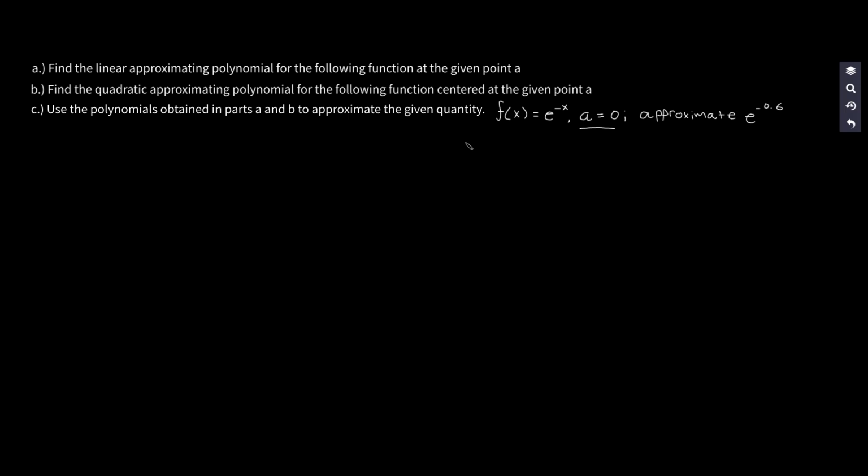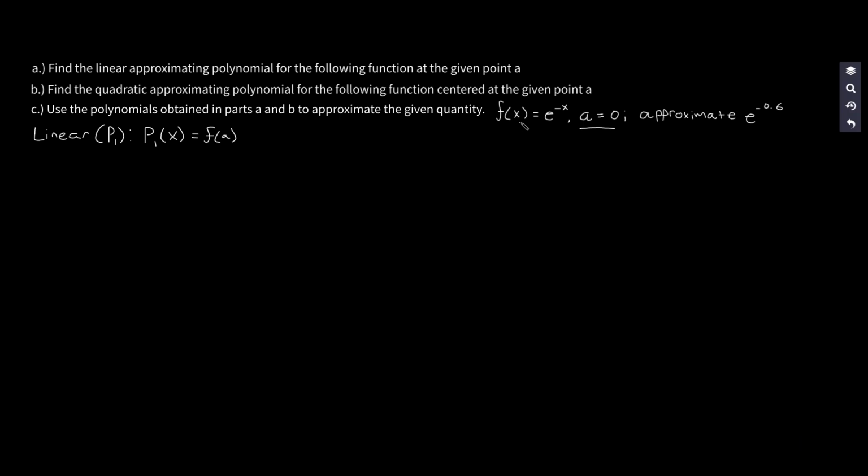So we need a few formulas, and the first formula is the linear formula, p sub 1, and that's given here. p sub 1 of x equals f of a, so the function evaluated at a.